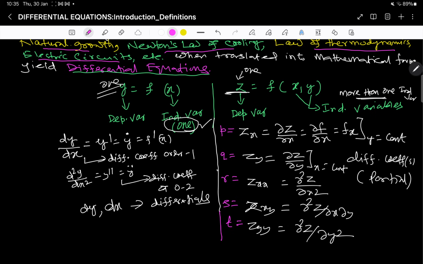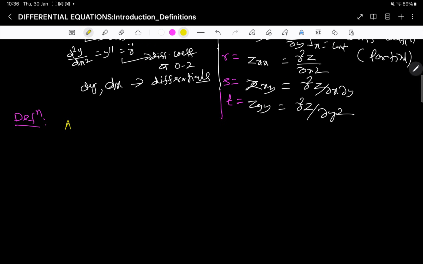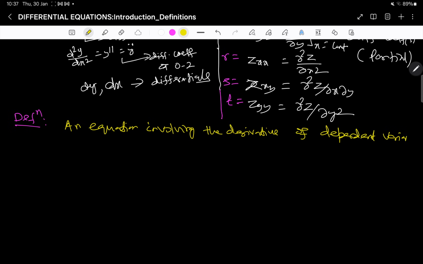Now let me discuss some basic definitions. Coming to the definition of a differential equation: an equation involving the derivative of a dependent variable with respect to an independent variable.